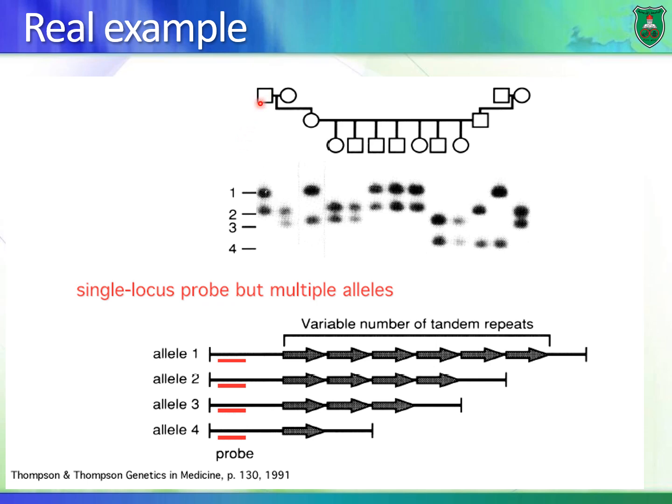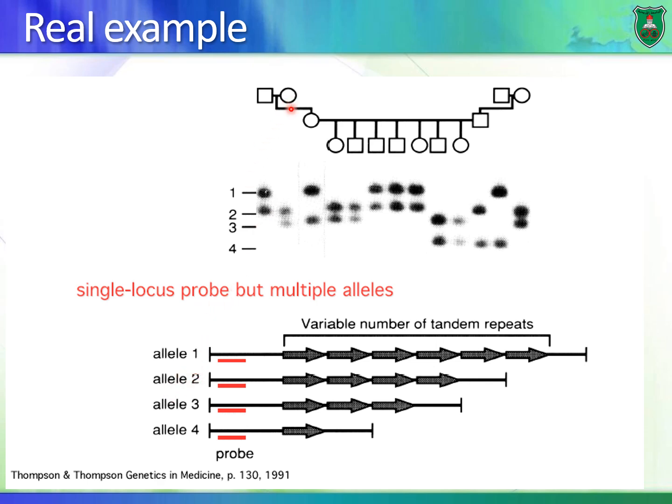These patterns represent the person located on top of them. Here we have the grandfather of the first family, and this grandfather has allele number 1 and allele number 2.